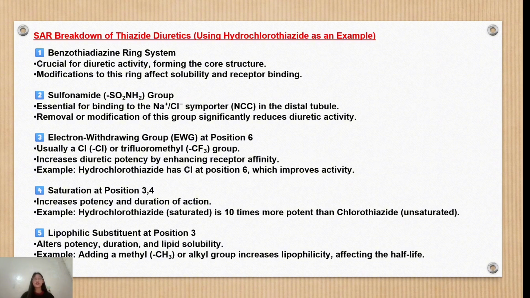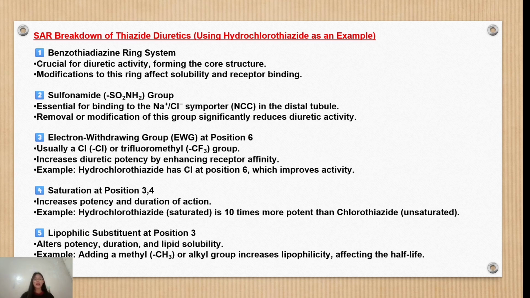Example, hydrochlorothiazide has chlorine at position 6, which improves activity. The fourth is saturation at position 3,4, which increases potency and duration of action. Example, hydrochlorothiazide, saturated, is 10 times more potent than chlorothiazide, unsaturated.